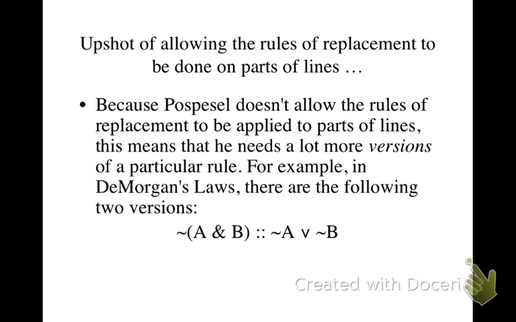It's false that A and B gives you not A or not B. Then you have the same thing, but now the A and B inside the conjunction are also negated, and that gives you then a disjunction without any negations.